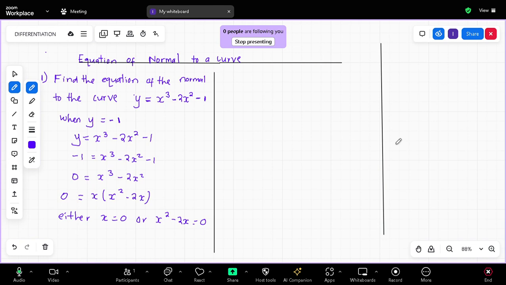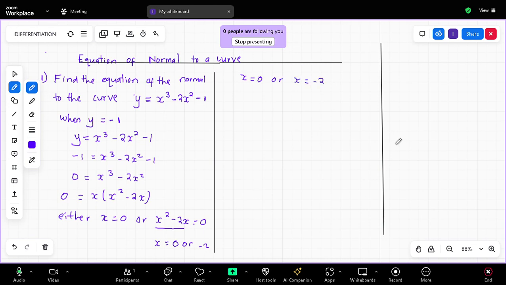Now we need to solve the bracket. We use the quadratic formula to get the answer faster. We get x equal to 0 or x equal to -2. So we got the values of x to be only two: x equals 0 or x equals -2.